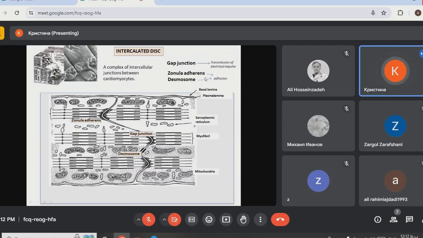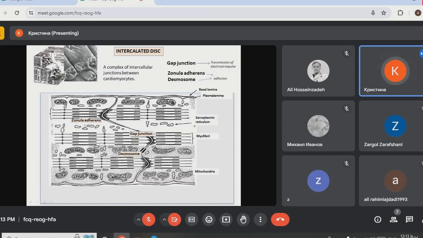Zonula adherens, belt desmosome or intermediate junction, and desmosome are adhesive junctions for mechanical attachment of one cardiomyocyte to another one. The zonula adherens is located where the myofibril of the first cardiomyocyte should be attached to the myofibril of the second cardiomyocyte.